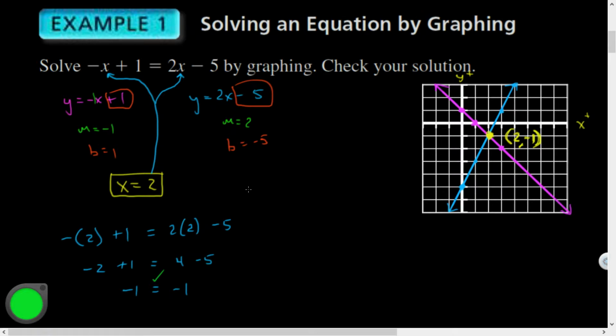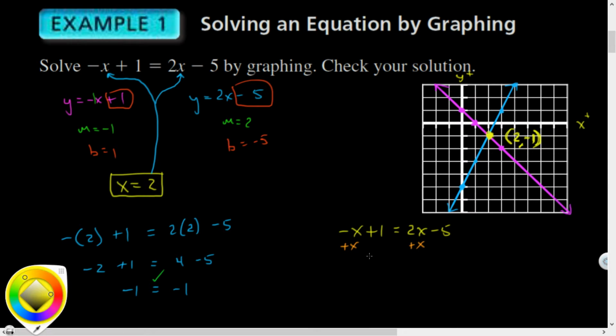Not the fastest way to find the solution in this case. Like I said, let me just show you how we would have done it algebraically. You don't have to write this down. I would have moved the little guy to the big guy, bringing my x's together. And 1 equals 3x minus 5.